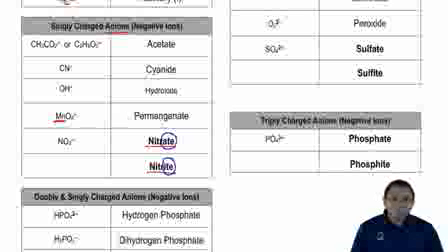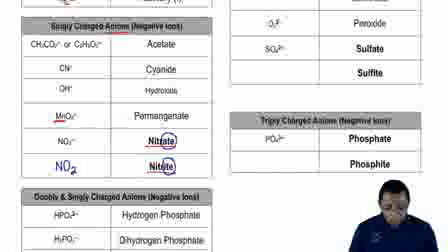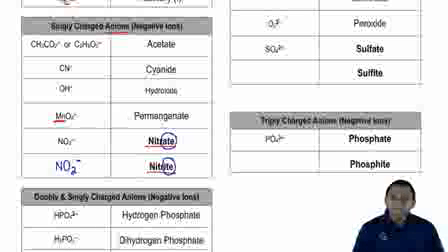Nitrate is NO3 minus 1. To go to ite, all you have to do is remove an oxygen. So if nitrate is NO3 minus 1, nitrite is NO2 minus 1. So basically, if you know one, you know the other. If you know what nitrate looks like, then you know what nitrite looks like, because it all has to do with removing an oxygen.